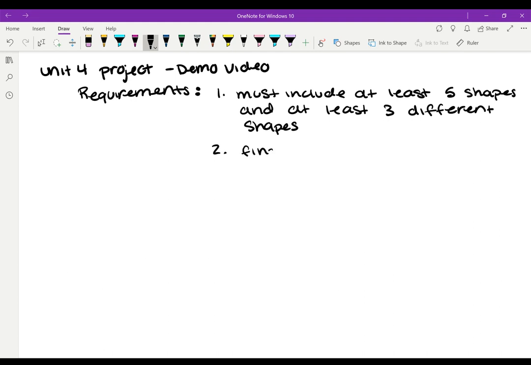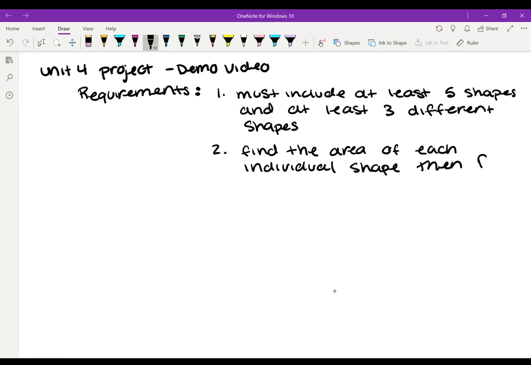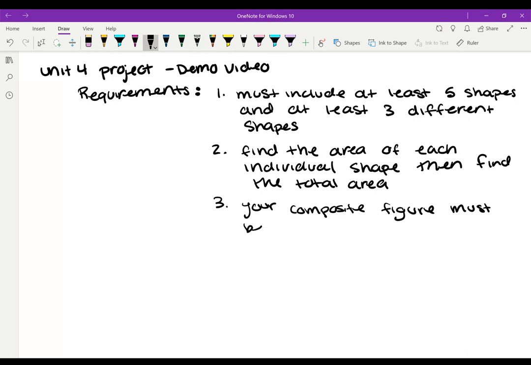Two, you're going to find the area of each individual shape, then find the total area. Okay. Your composite figure must be creative, neat, and colored.